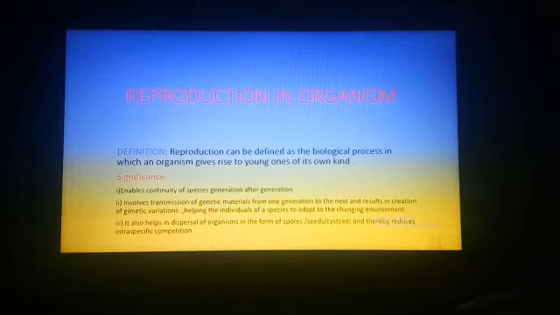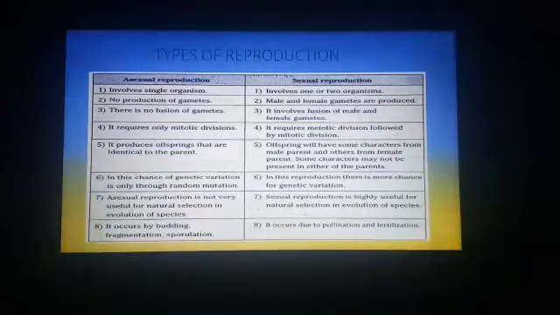Now, there are basically two types of reproduction, that is asexual reproduction and sexual reproduction. In asexual reproduction, only a single parent is involved, and in sexual reproduction, two parents are involved, or you can say two organisms are involved.